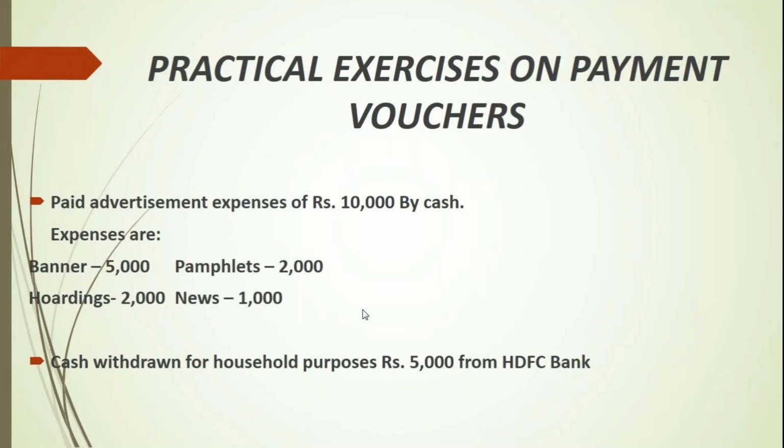Below, I have given information on advertisement expenses: banners 5,000, pamphlets 2,000, hoardings 2,000, news 1,000. The company has incurred advertisement expenses in the form of banners, pamphlets, hoardings, and news. In all the four methods, we see advertisements, right?